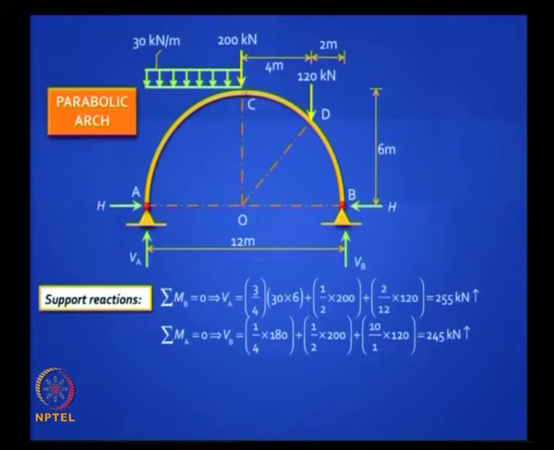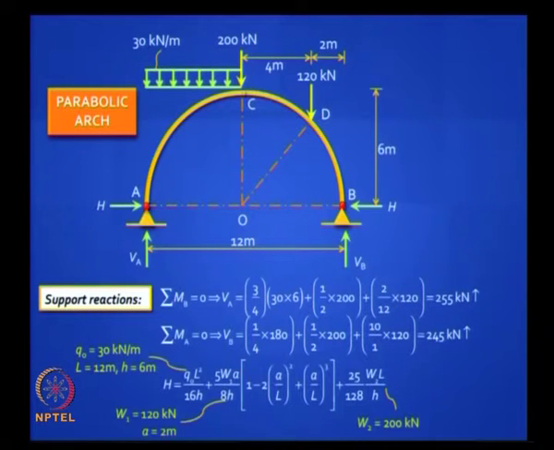Now the expression for horizontal force, you can just use what we have derived. Due to the UDL, you remember the formula, Q naught L squared by 8h into half, so that is easy to remember. You just have to plug in those values. Q naught is 30 kilonewton per meter, L is 12 and H, small h is 6 meters.